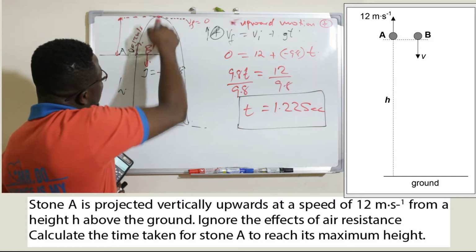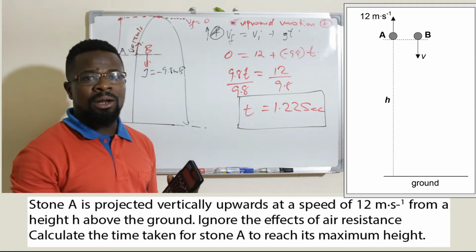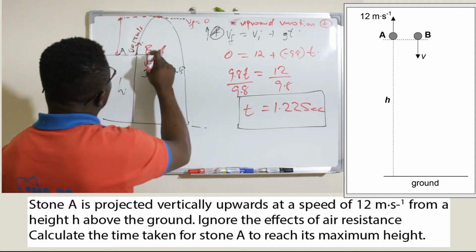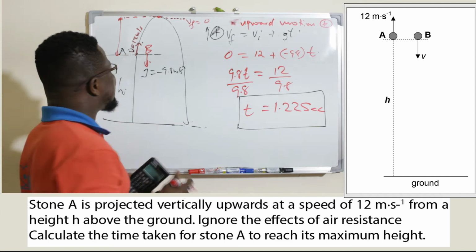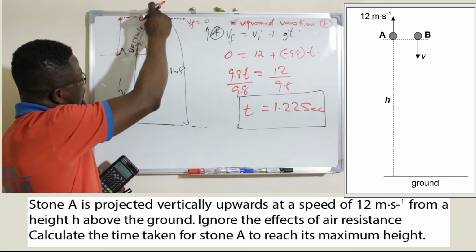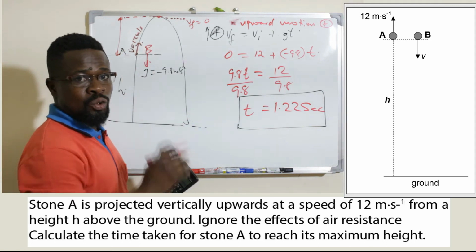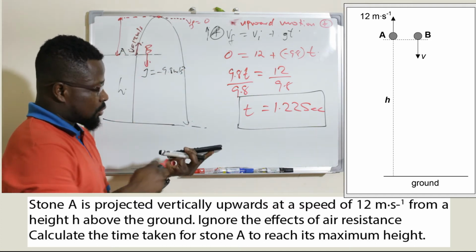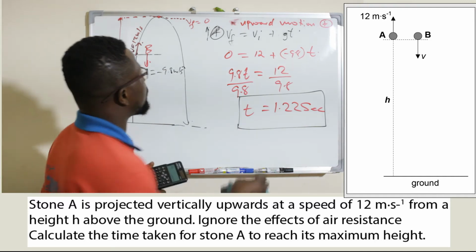Let's take it that this one is here and it's now going to return together with stone A. Since I know the velocity of B at this point, I cannot use the time of A from here together with this, because now we are making the assumption the two are coming down together from that same time. So let's see from that point what we need to do to calculate for that particular problem.